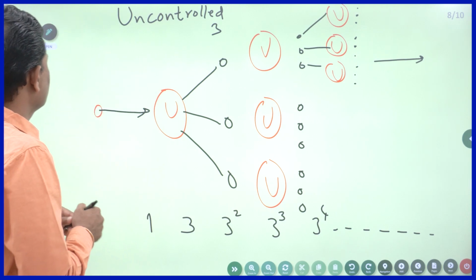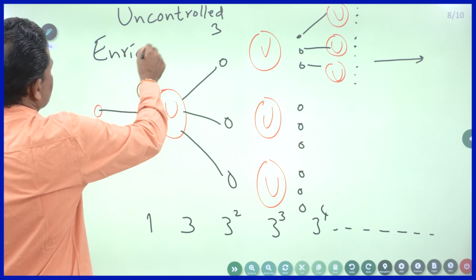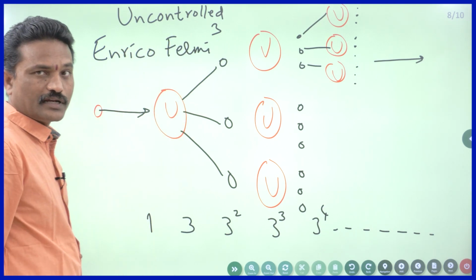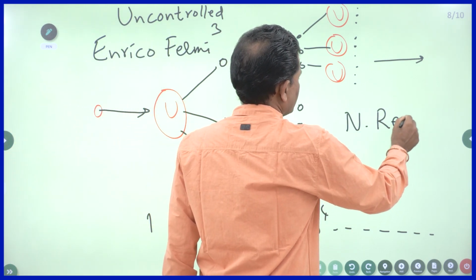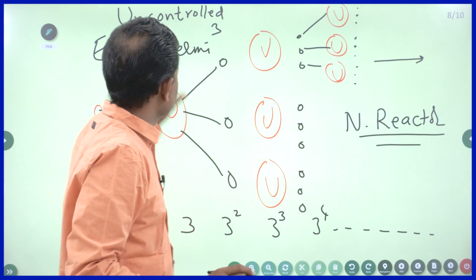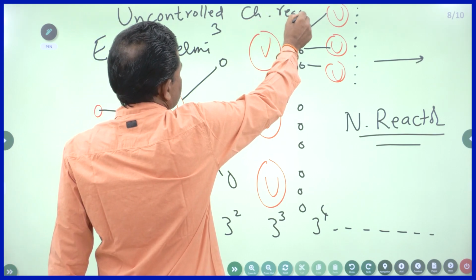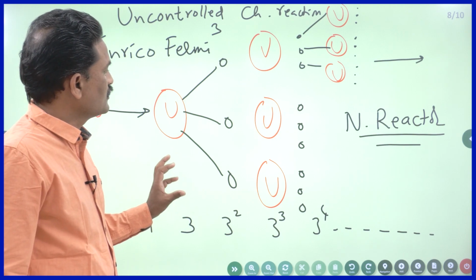A great scientist called Enrico Fermi devised a device called the nuclear reactor. Why did he devise a nuclear reactor? This uncontrolled chain reaction can create a holocaust.